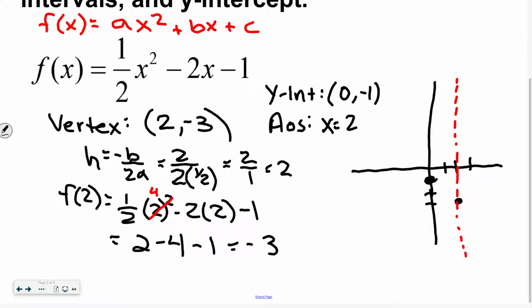And that's 2 away from the axis of symmetry, so I could reflect it over the axis of symmetry. And at 4, -1, I also have a point. And then I could draw my parabola. That's acceptable. I'm fine with that. These are actual points on the graph. We could have also graphed by using the fact that a is 1/2. So that's a vertical shrink.